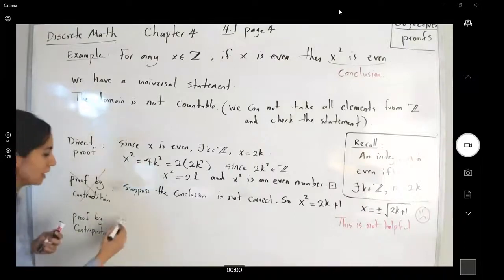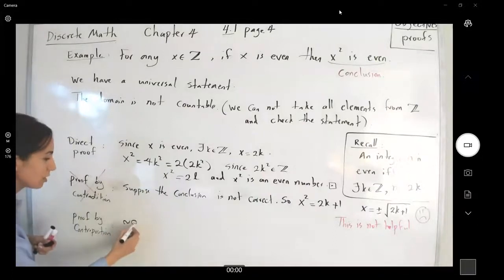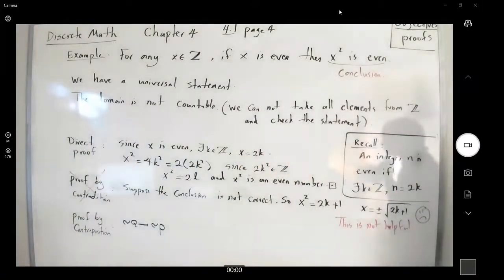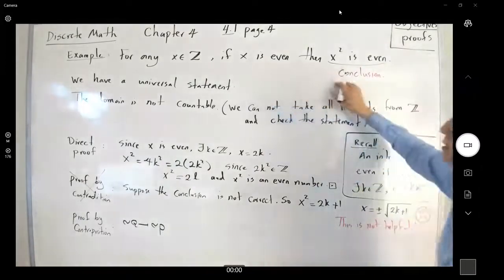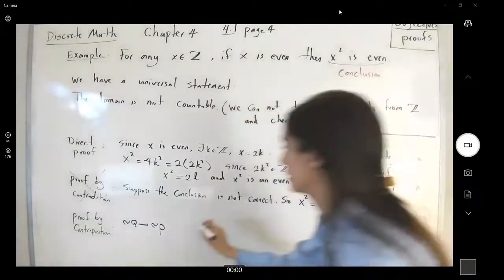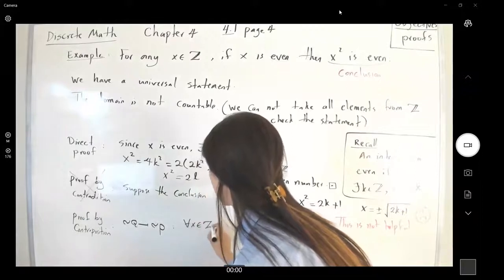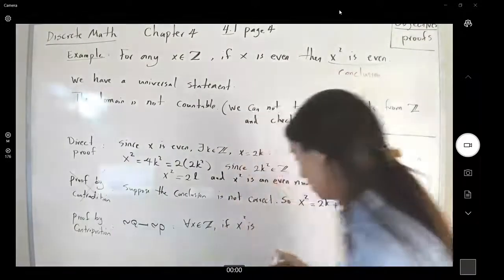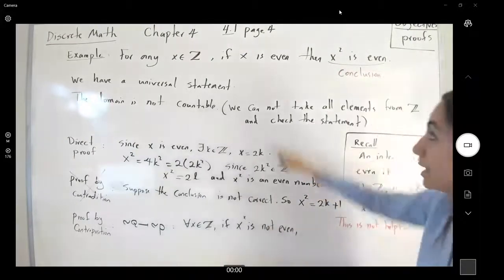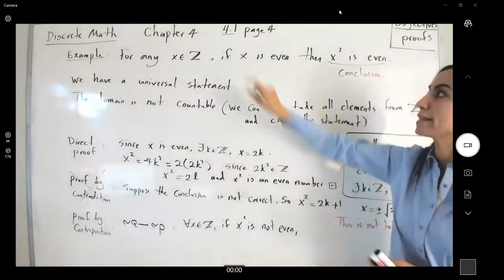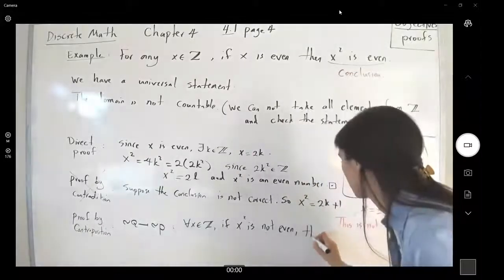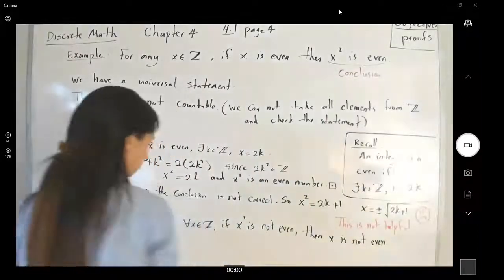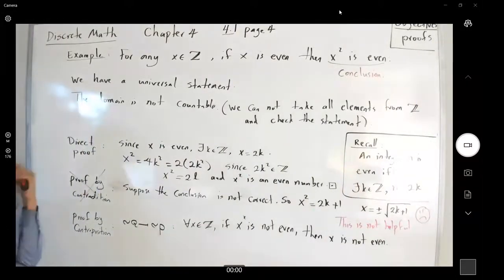Proof by contraposition says, instead of proving P then Q, we need to prove not Q then not P. This is my P, this is my Q. It means that I need to show that for any integer x, if x squared is not even, then x is not even. Okay, how do I prove this?